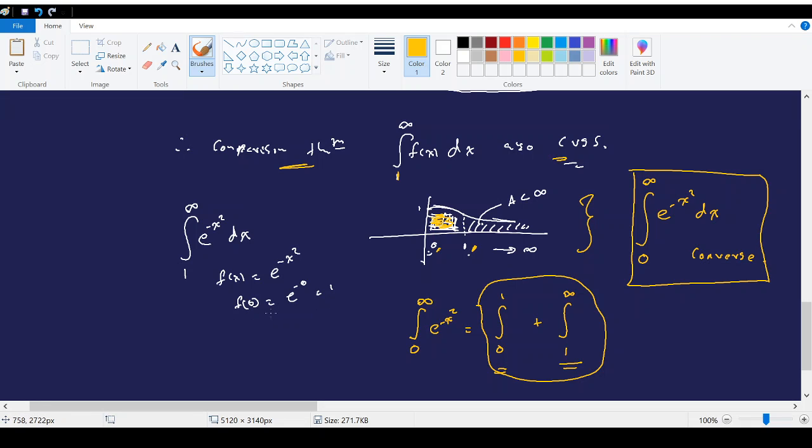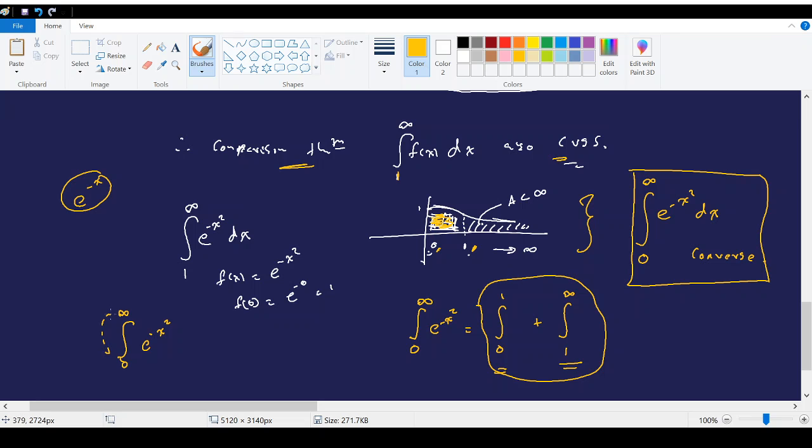Now you might get this doubt: why couldn't we do the comparison for this whole interval from 0 to infinity? Why couldn't we use the same function e to the power negative x and do it at once for this whole interval?